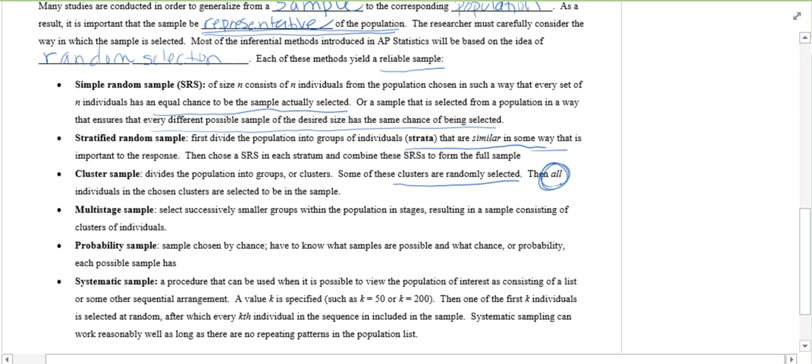Okay, multi-stage sample. This you select successively smaller groups within the population in stages, resulting in a sample consisting of clusters of individuals. Okay, so a multi-stage sample. Say administration again wants to randomly select students, but multi-stage means that you're going to randomly select multiple things.